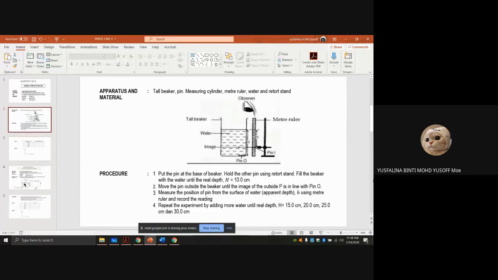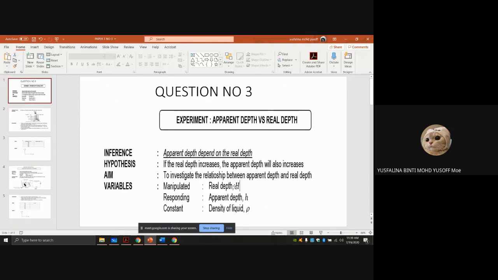Okay, so let's say in the exam, maybe because you are nervous, you forgot the experiment. You can remember until the apparatus or material, or maybe you can remember until the variables only.